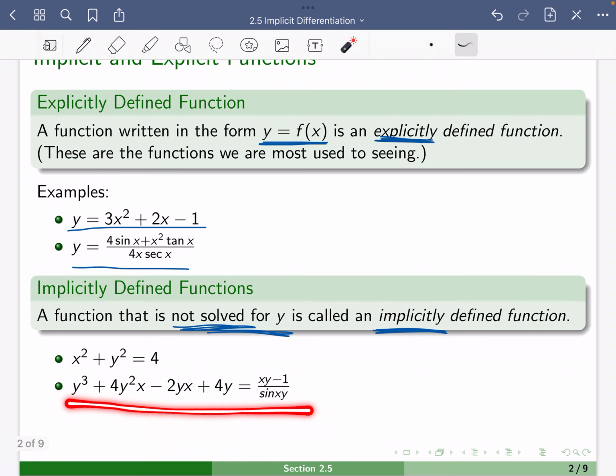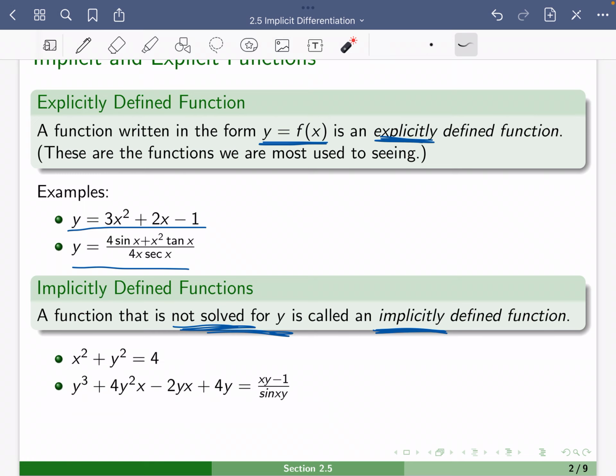Here, we have a lot of y's floating around, a lot of x's floating around. Ultimately, y is some function of x implicitly, even if I haven't written it down, even if it's very, very difficult to write that down. We implicitly can understand that to be a function.